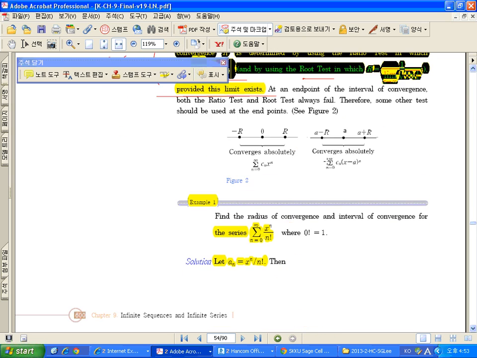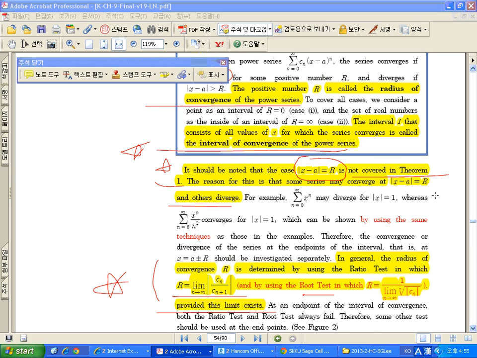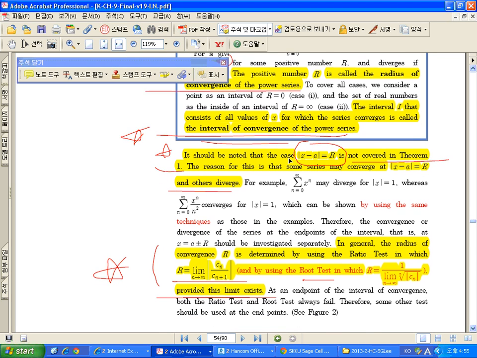First example. For this series, find the radius of convergence and interval of convergence. Here is the definition of interval of convergence.